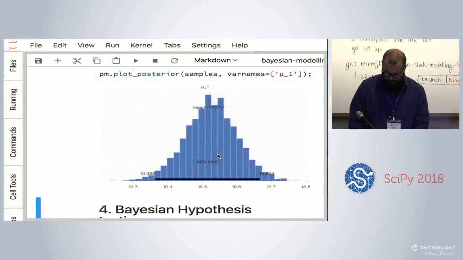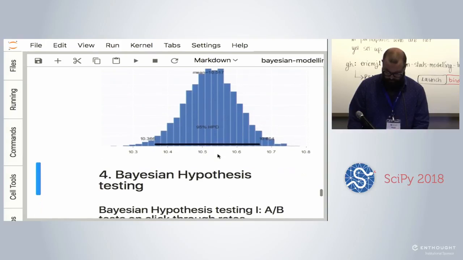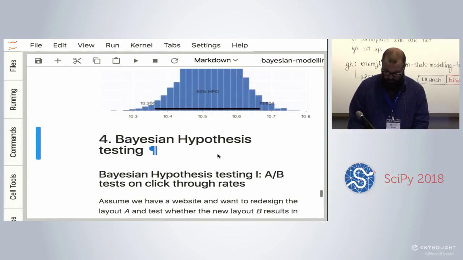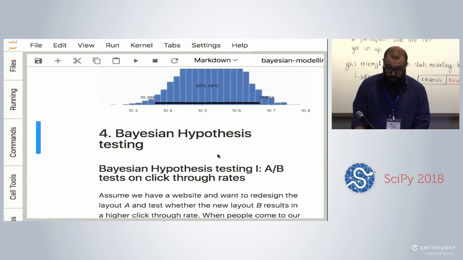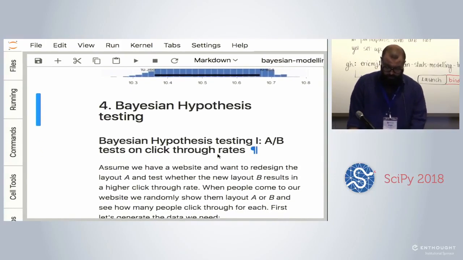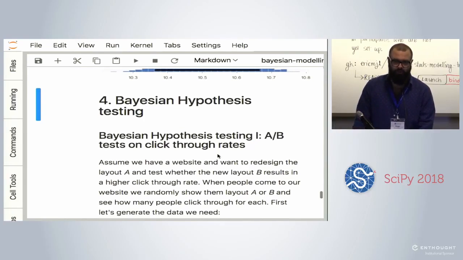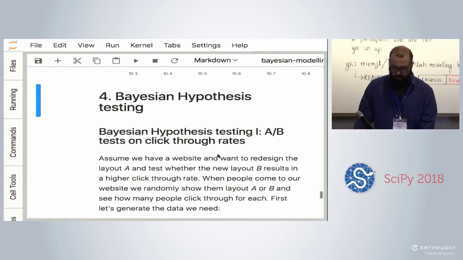Okay, great. So I'm going to ask it to plot only mu1. Okay, and we'll see the mean is 10.5, and once again we can get any information for this posterior distribution out of there, okay? So I'm going to wrap up with that.